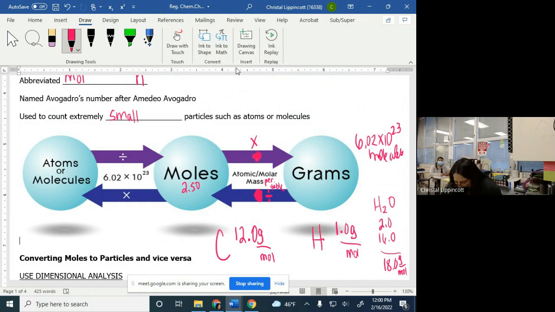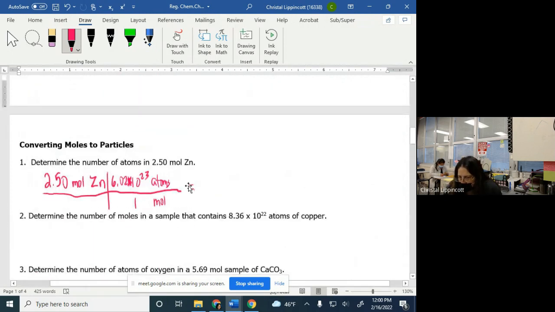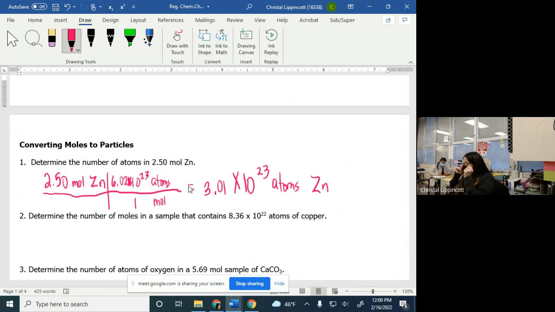So either way, however you want to do it, that's fine. And you should end up with 3.01 times 10 to the 23rd atoms zinc. Make sure you're doing it in your calculator and let me know if you're not getting the right answer.